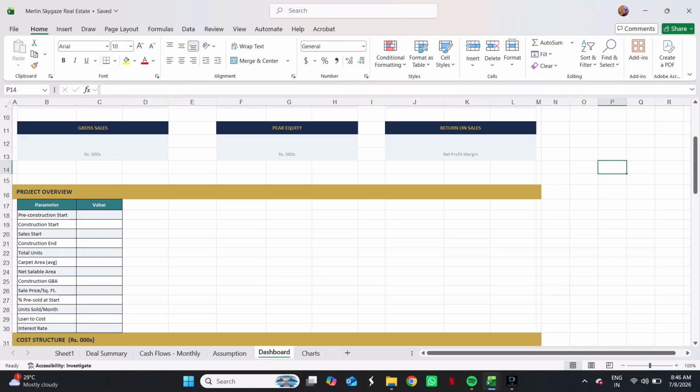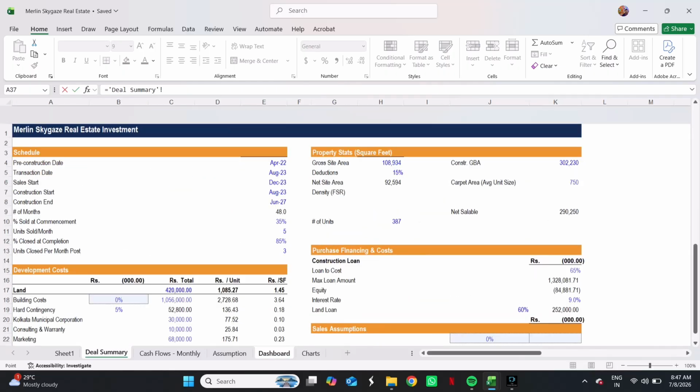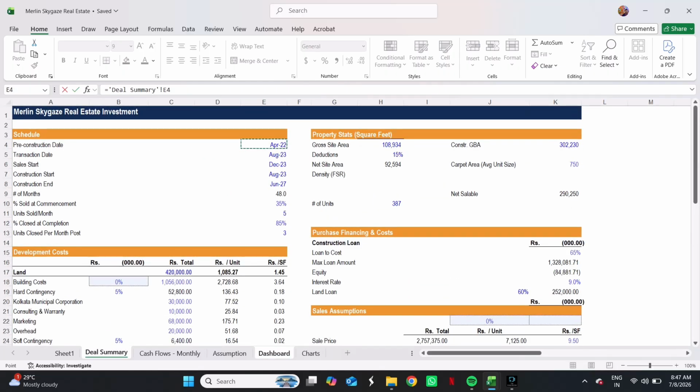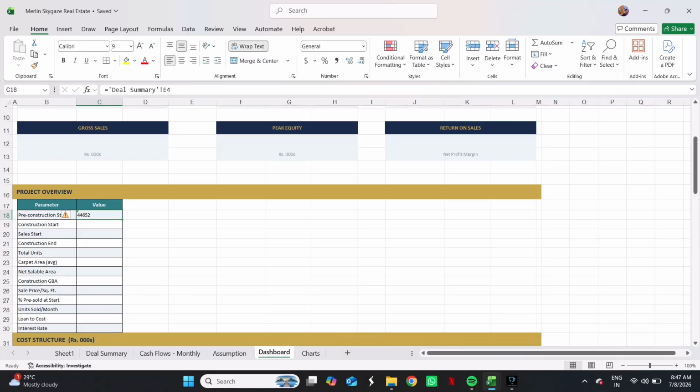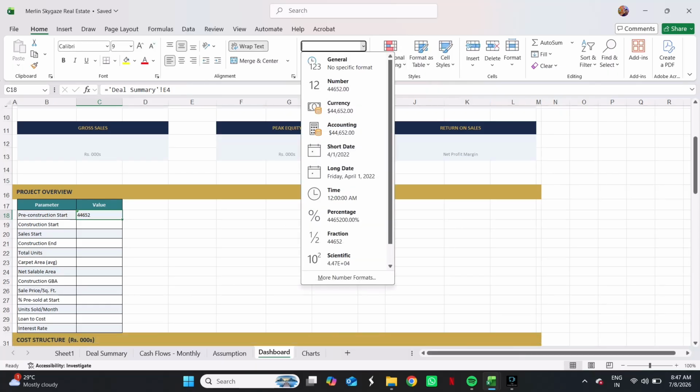In the project overview, the first is pre-construction start. We already know this, so it is equal to April 2022.